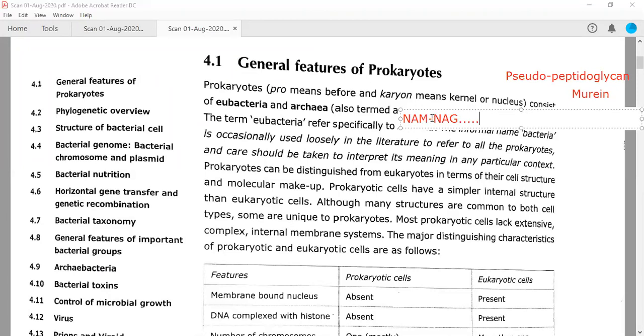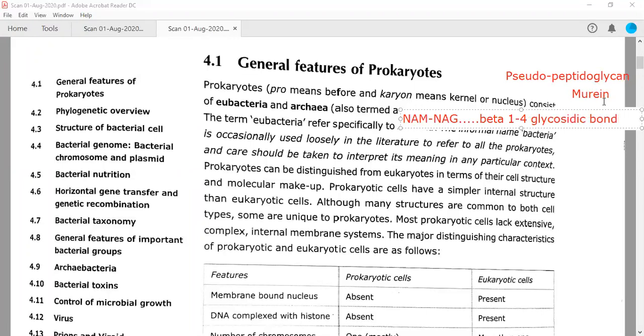They are connected via a link, which is called a beta-1,4 glycosidic bond, present in the peptidoglycan of the eubacteria. So first I'm telling about peptidoglycan. Now I will tell you what is the difference between peptidoglycan and pseudopeptidoglycan. So this is glycosidic bond.